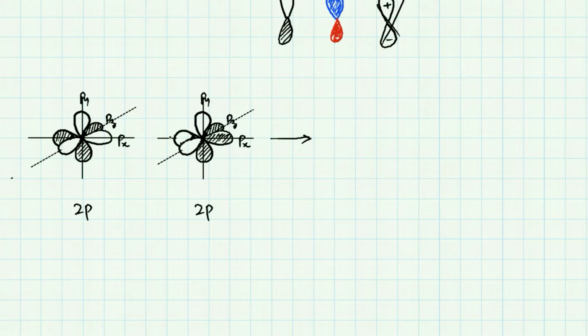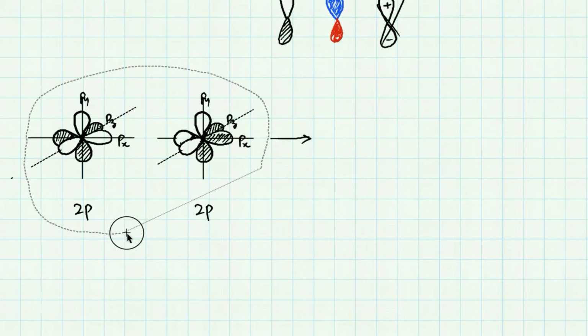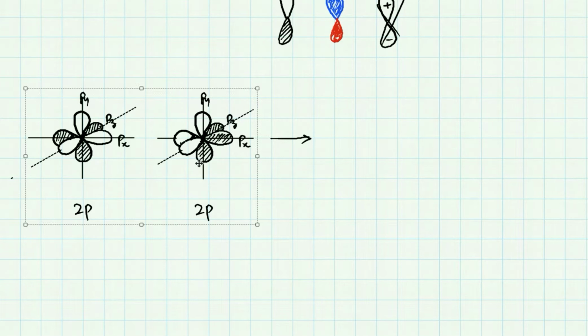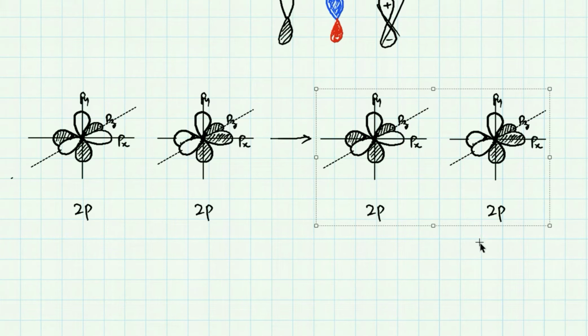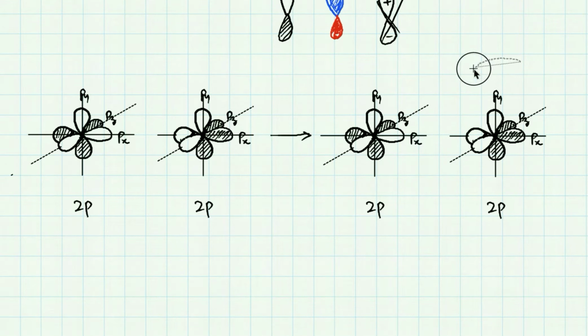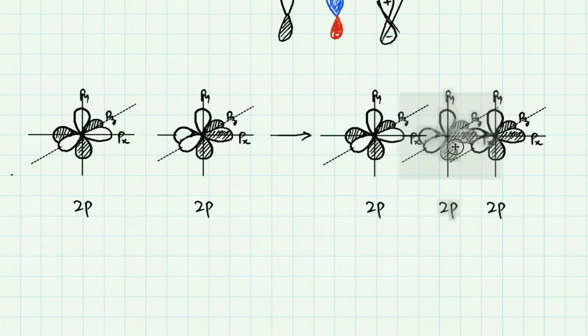When these p orbitals combine, they give rise to two types of situations with respect to the ways they combine.